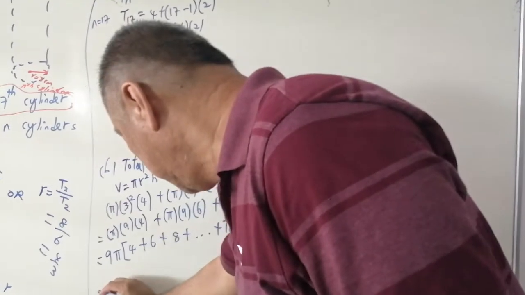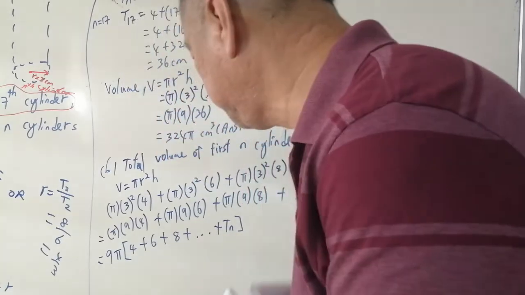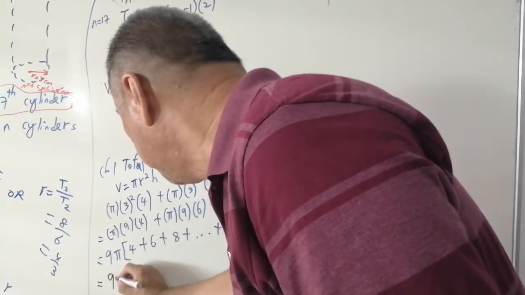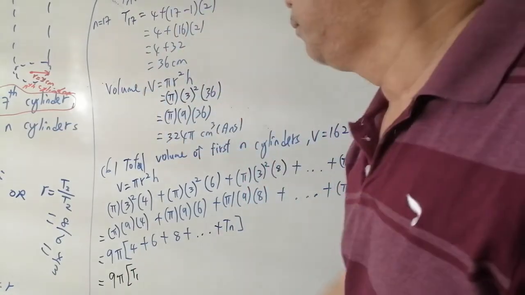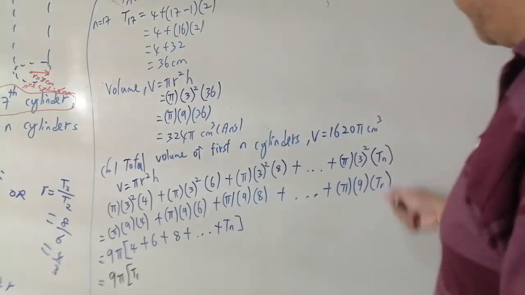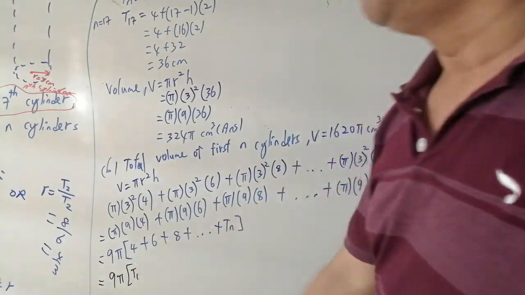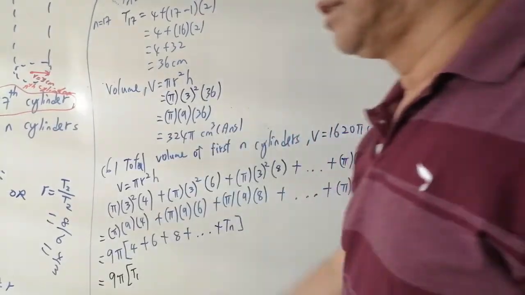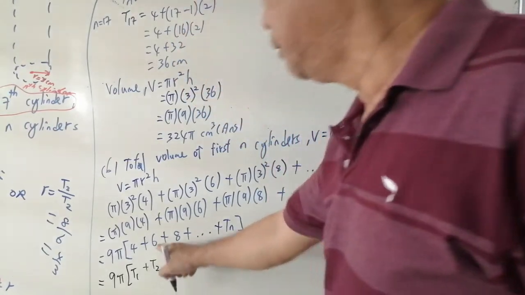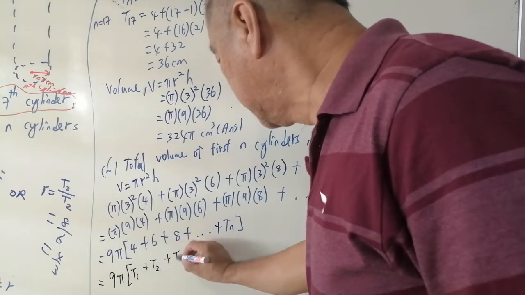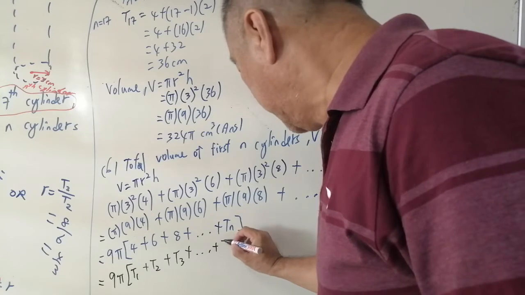If you still don't understand, I can make a conclusion like this: 9 pi, 4 is the height of the first cylinder, so equal to the first term T1. This one is T2, the second term, plus this one is the third term, plus dot, plus the last term.